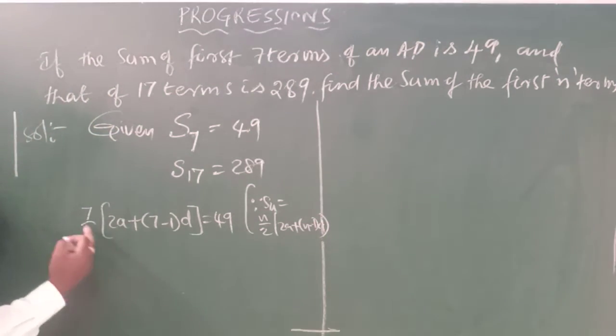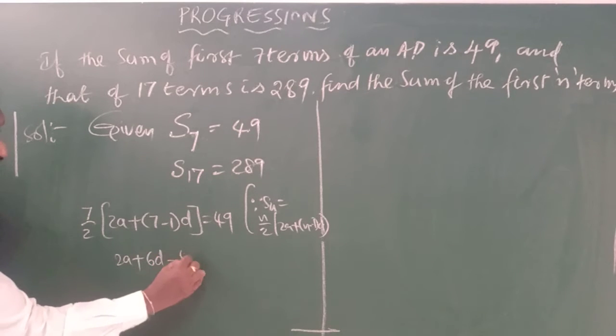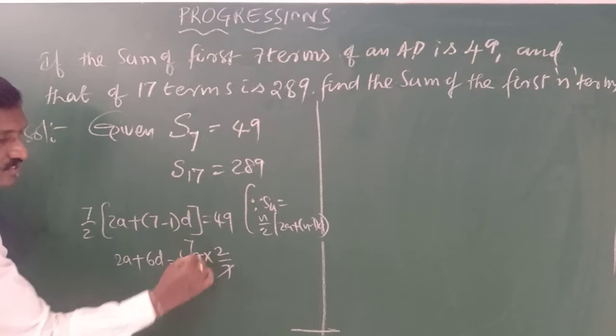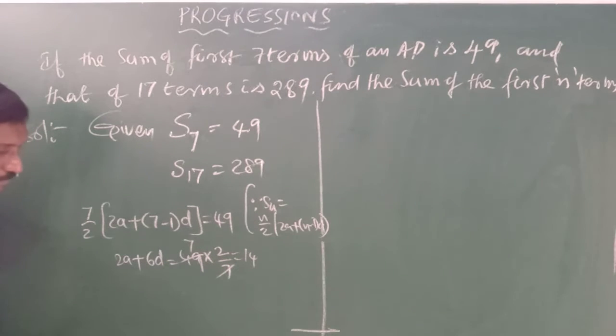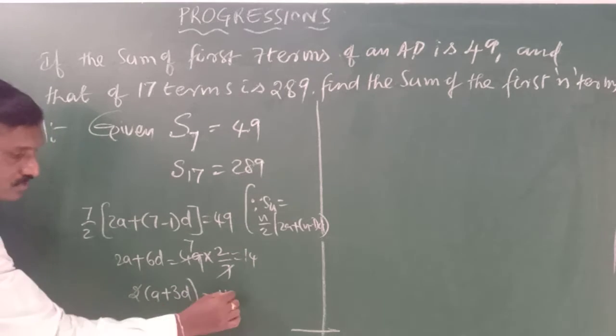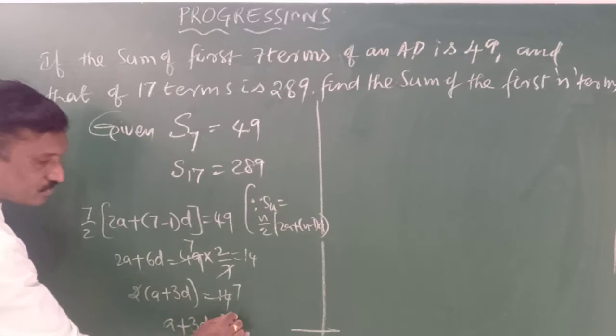Simplify it and transposing, 2a plus 6d is equal to 49 into 2 by 7. 7 sevens are 49, so 2a plus 6d is equal to 14. If I take 2 common, a plus 3d is equal to 7.